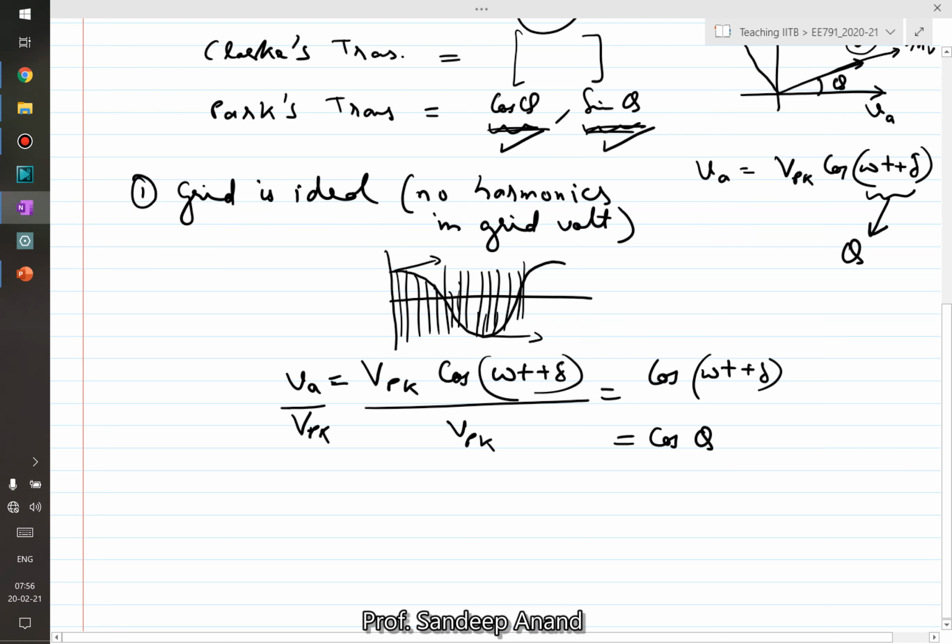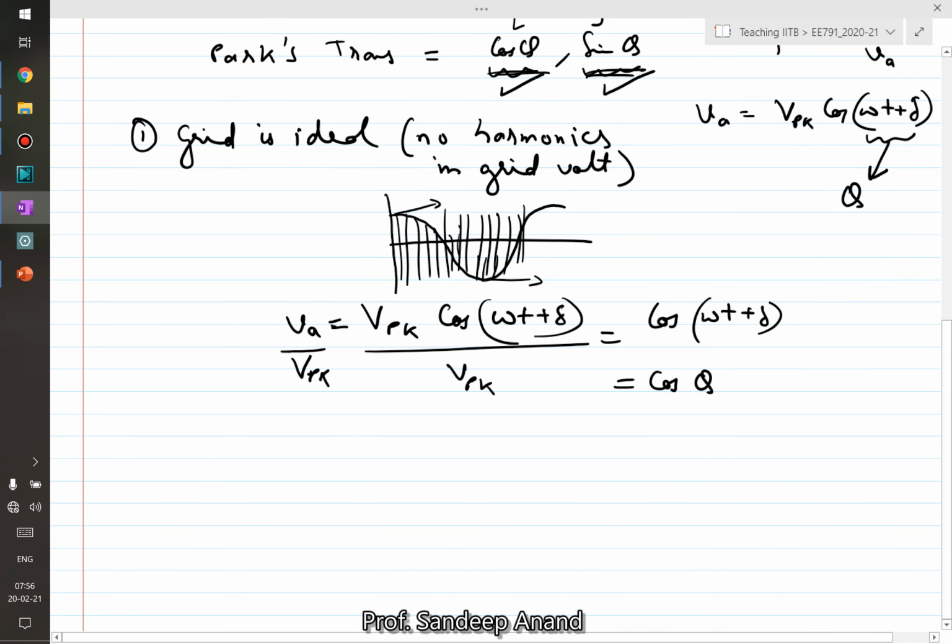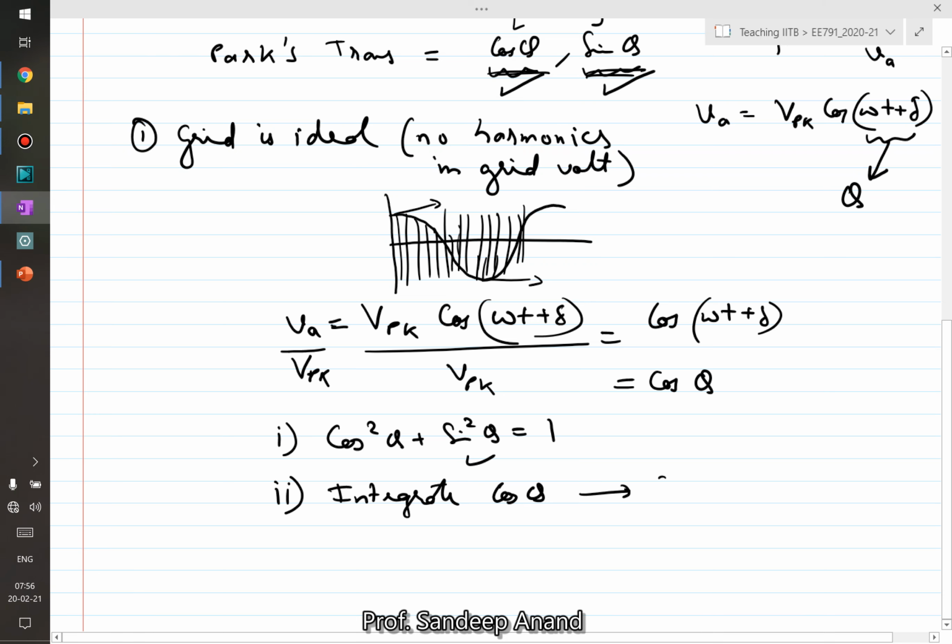For example, you can first find theta and then find sin of it, or you can utilize cos square theta plus sin square theta equal to 1, and this will give you sin theta. Or you can integrate cos of theta, right? That will also give you information on sin theta.